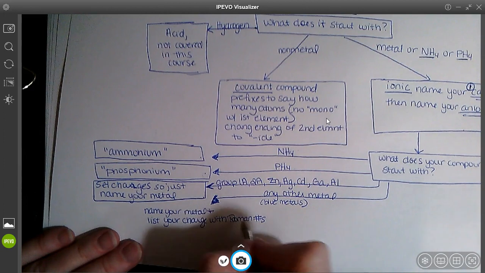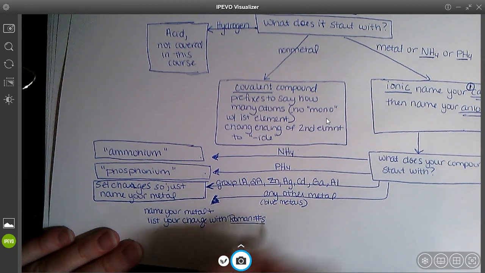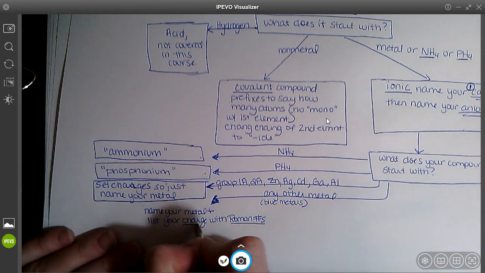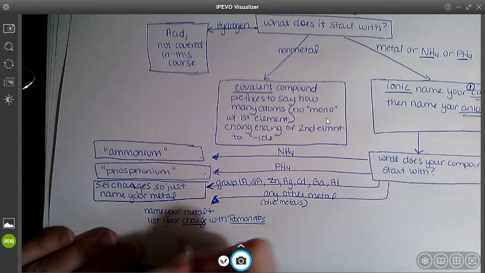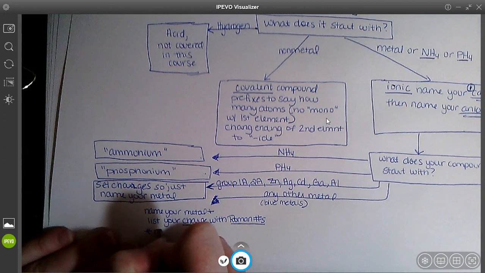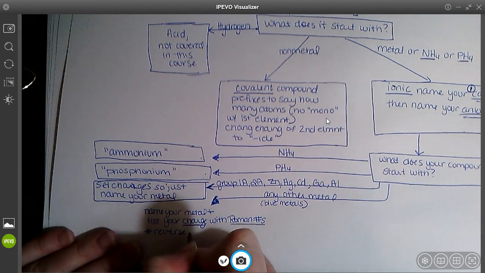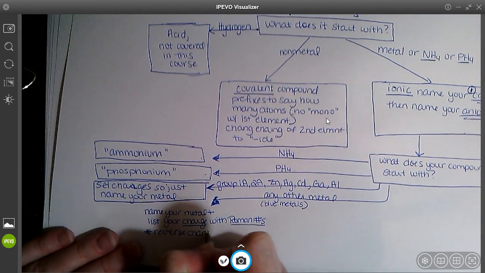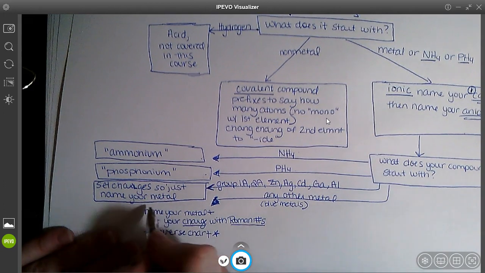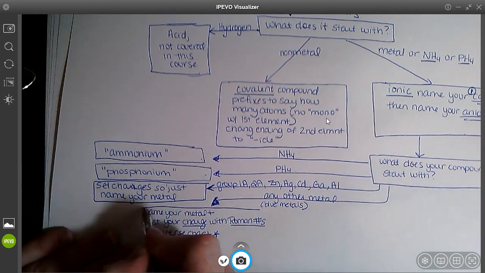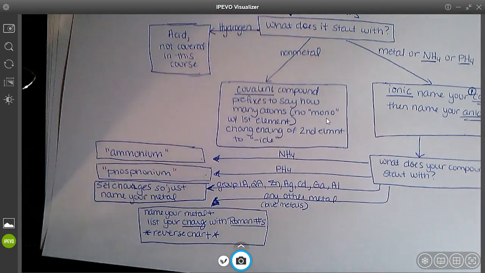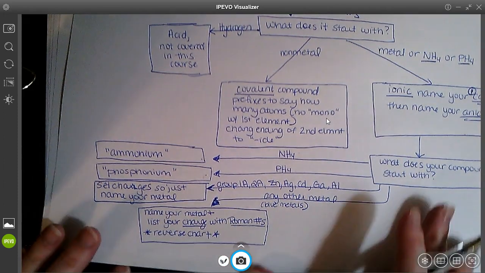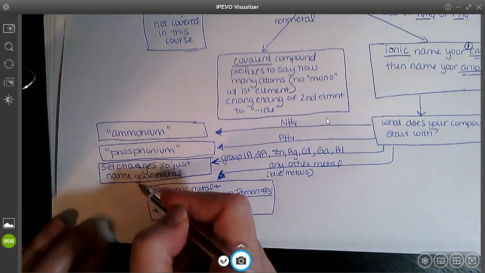Here's the thing. You have to figure out what the charge is. It is not going to be given to you in the formula. You have to do a reverse chart. And I'm going to go through that with you later in the notes. So you'll have to do a reverse chart to figure out what your Roman numeral charge is. All right, so here is how we name our cation.